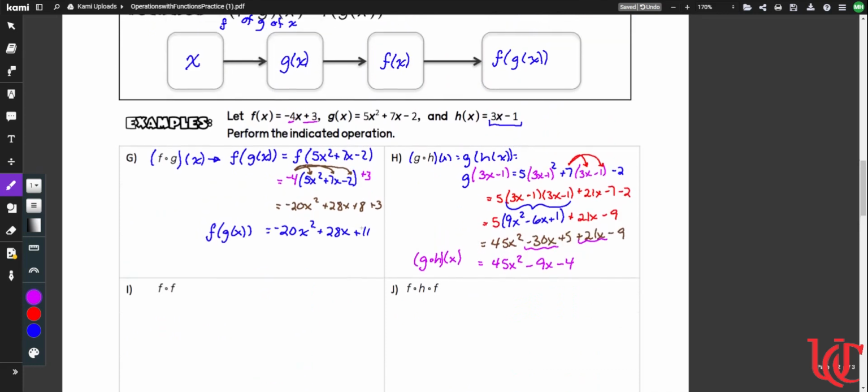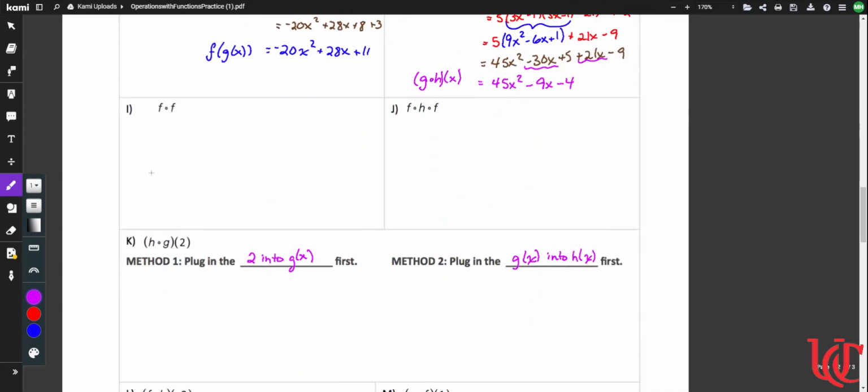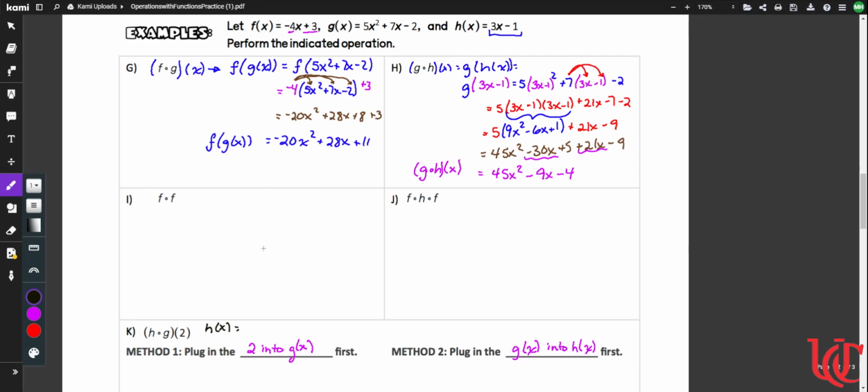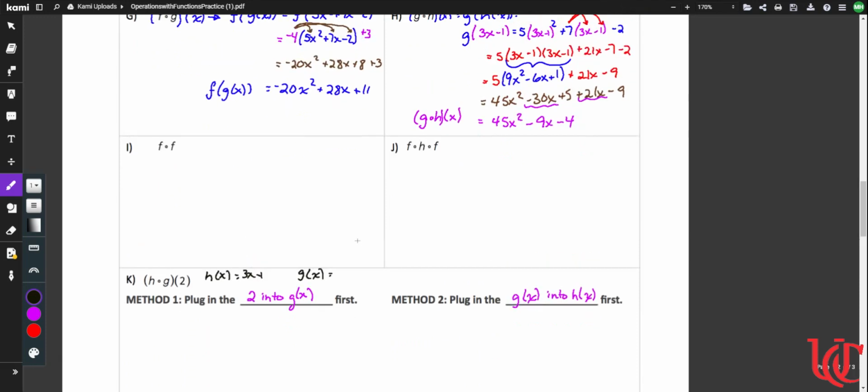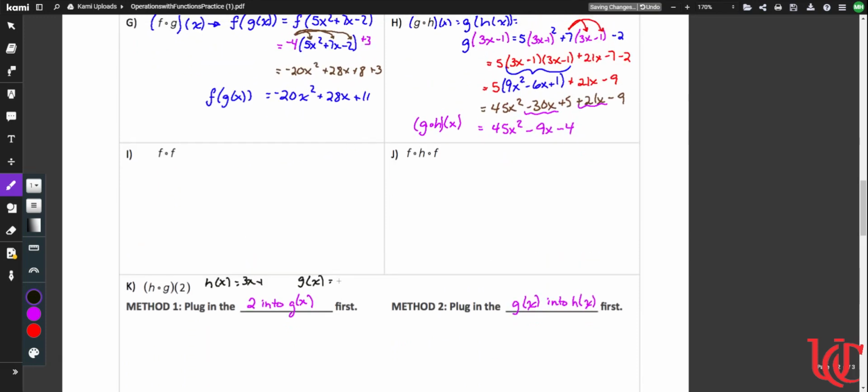I'm going to recopy what my G and my H's are. So we have h of x was the 3x minus 1, and g of x equals 5x squared plus 7x minus 2.